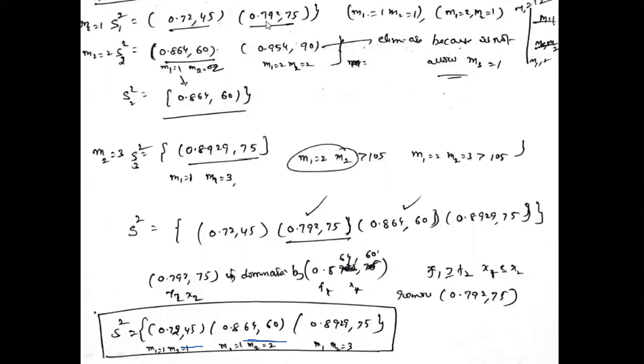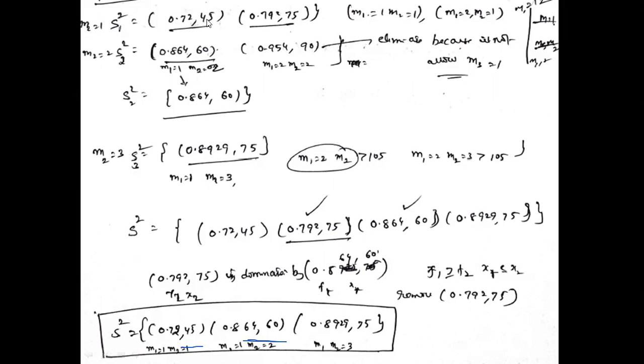This we are calculating: 0.72 and 0.7975. The first tuple is (0.72, 45) and the second tuple is (0.79, 75). The first tuple represents m1 equal to 1, m2 equal to 1. The second tuple represents m1 equal to 2, m2 equal to 1.